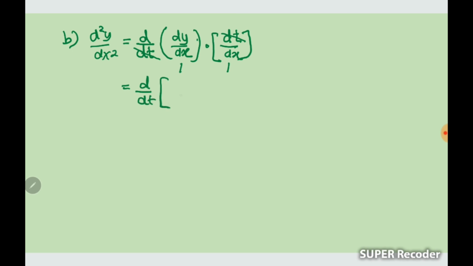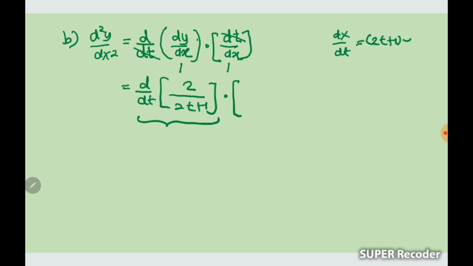So what is the value of dy/dx? 2 over 2t plus 1. You differentiate dy/dx here, and after you differentiate, you have to multiply with dt/dx. So what is dx/dt? Our previous result is 2t plus 1 multiplied with e to the power of 2t.